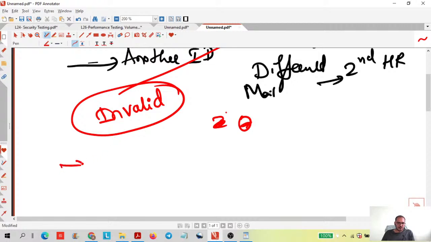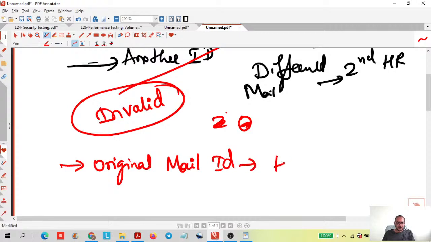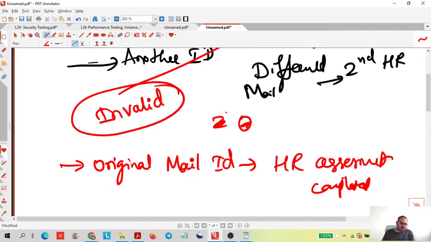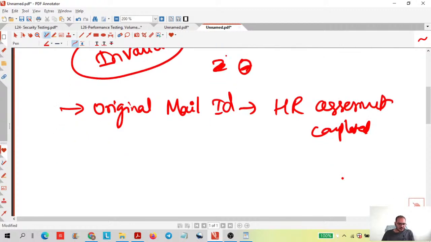Okay, so with the original mail ID, it is showing that your HR assessment is completed. Using the link of the first email, it shows that I completed it, but in the second mail, it says my ID is invalid.